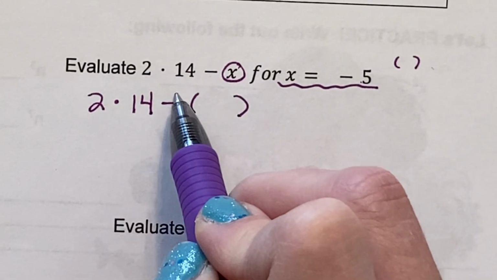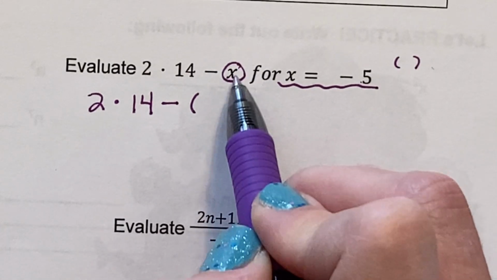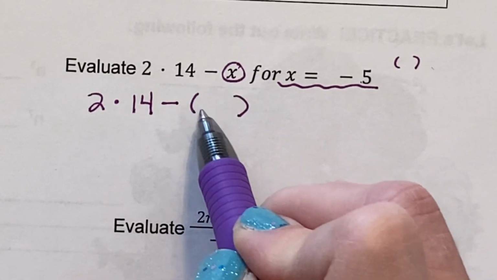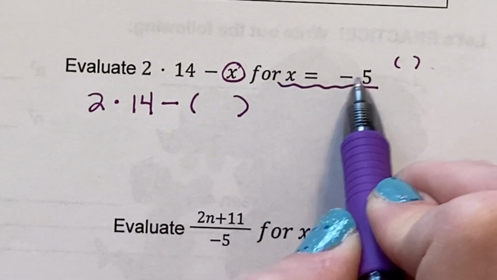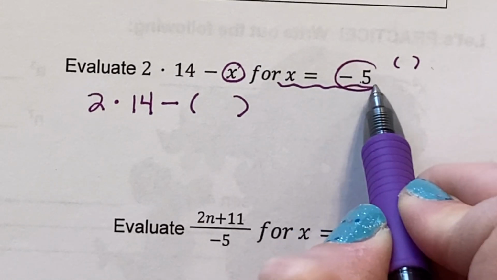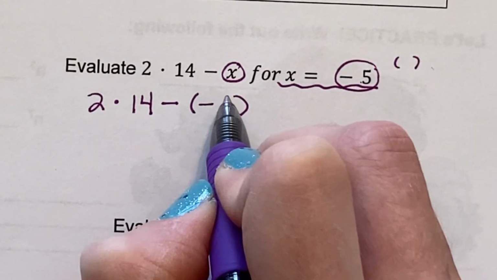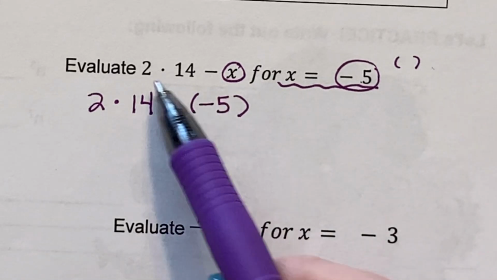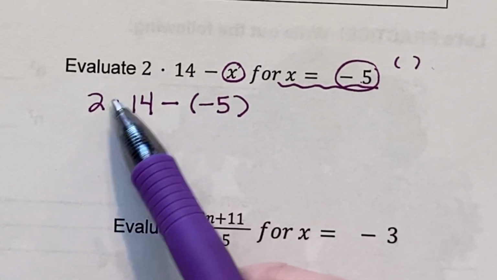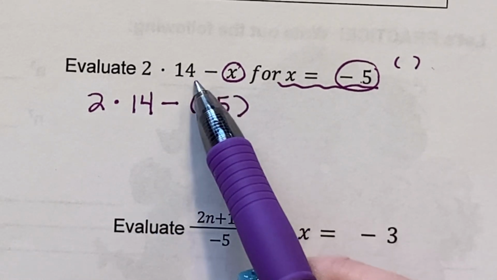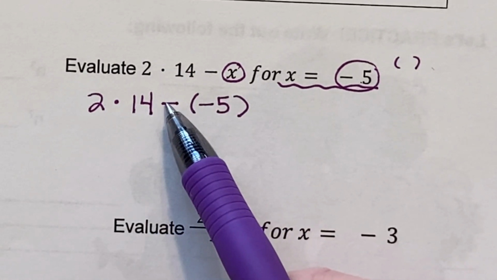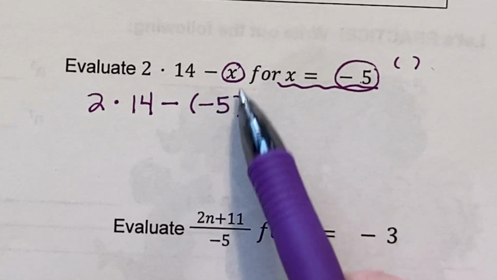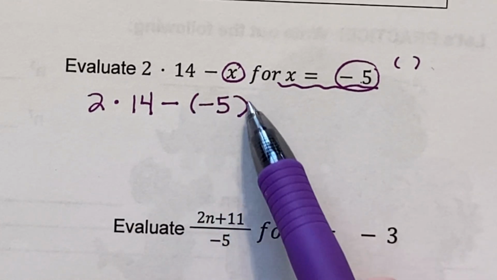This value of x is going to go inside my parentheses. What does x equal? It equals negative 5. So this negative 5 goes in the parentheses here. Take a moment and see why that makes sense. Here's the 2, here's the multiplying, here's the 14, here's this subtraction sign. This x here is being replaced with negative 5.